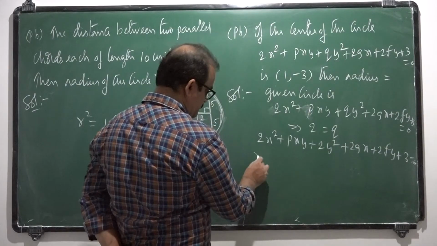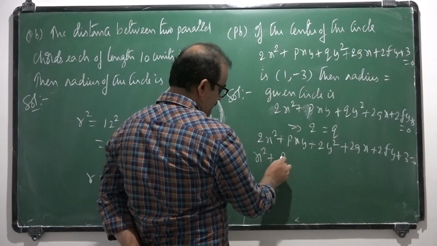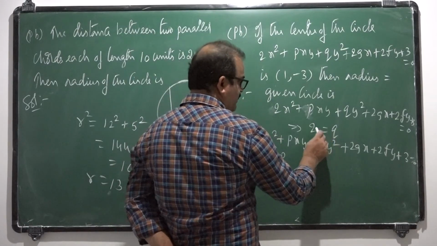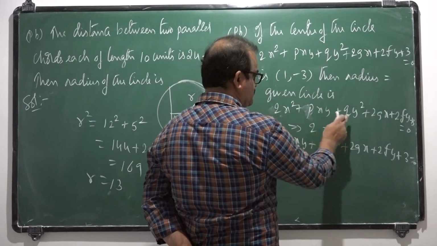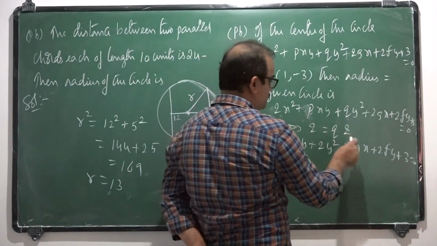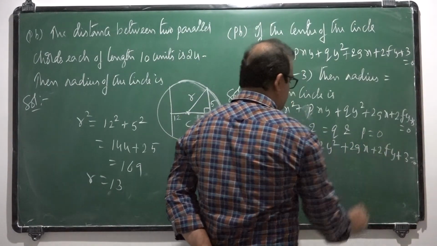Take 2 common, we get x square plus... here there is one more condition: coefficient of x square is equal to coefficient of y square and the coefficient of xy is equal to 0. P is equal to 0.